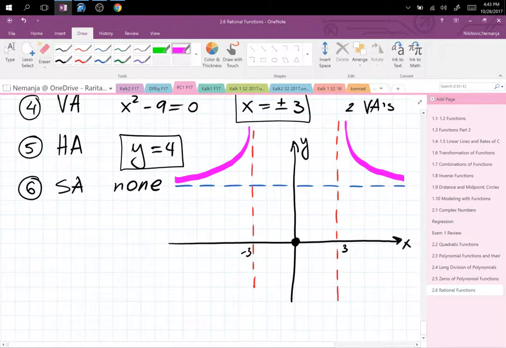Now, for this one over here, there are options. The function can do this, or it can do this, or it can do this, or it can do this.